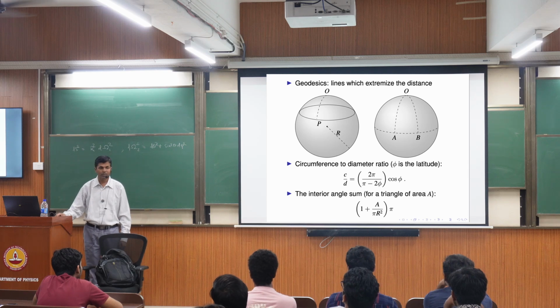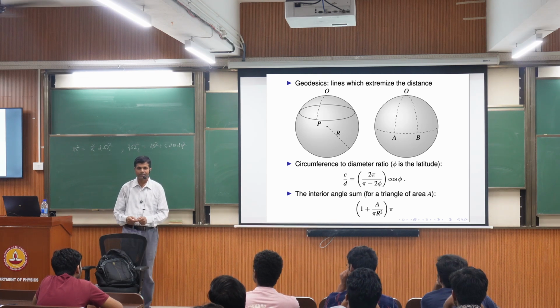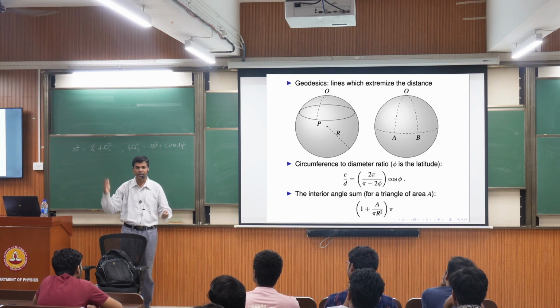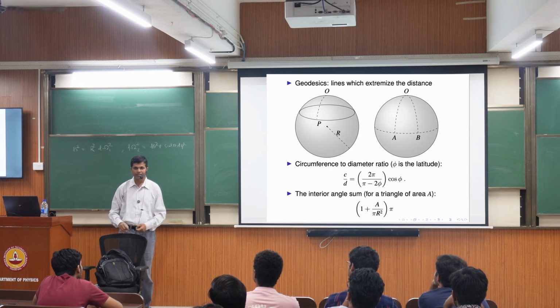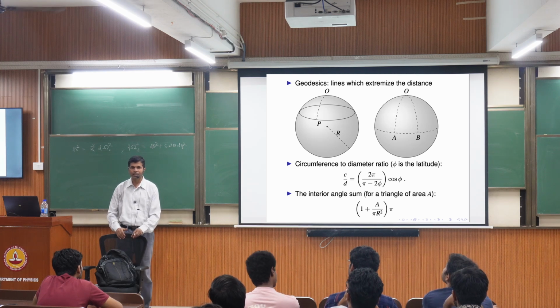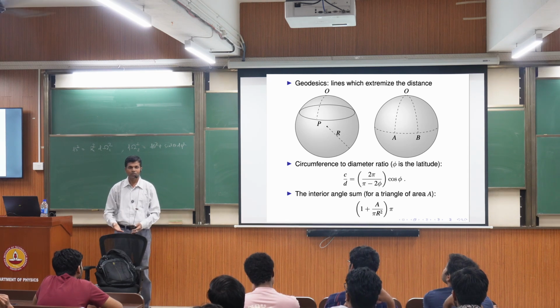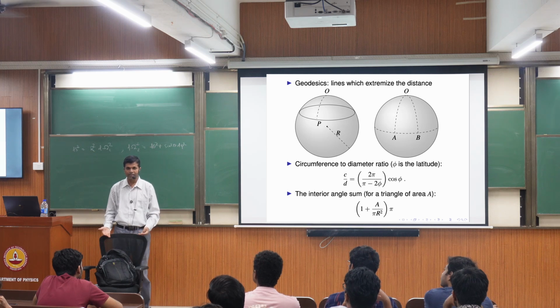In flat space, everybody knows what a straight line is. It's just a line which doesn't bend or anything. It is just straight. Now suppose you want to consider the surface of the sphere, and there is nothing straight here because it's all curved. So what is the analogue of a straight line?